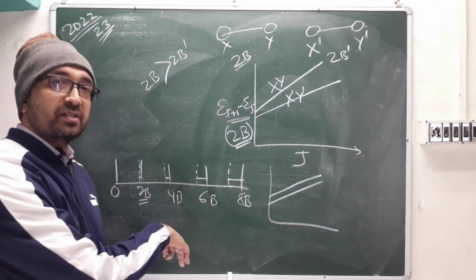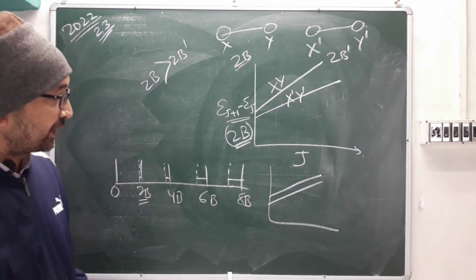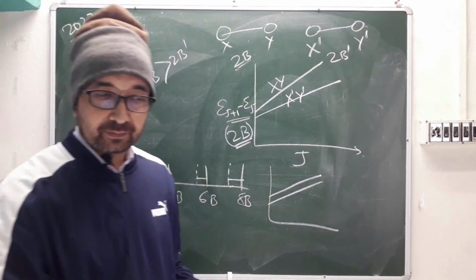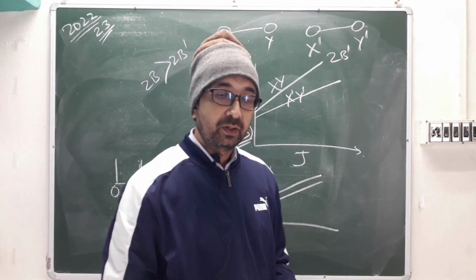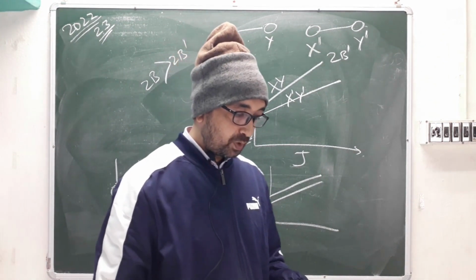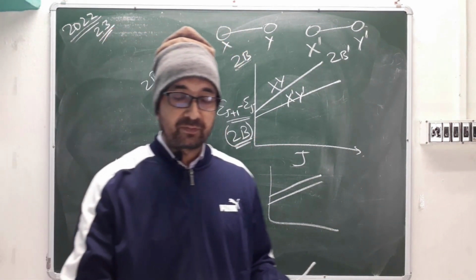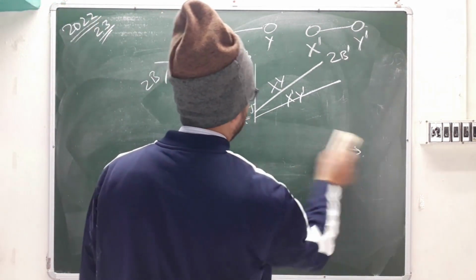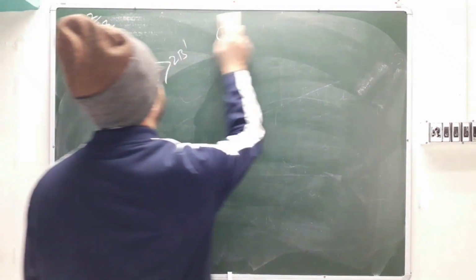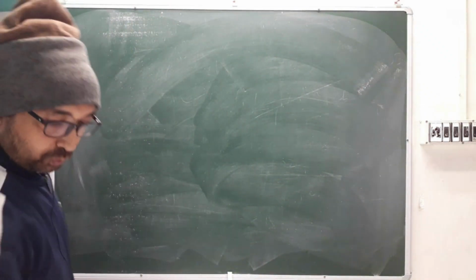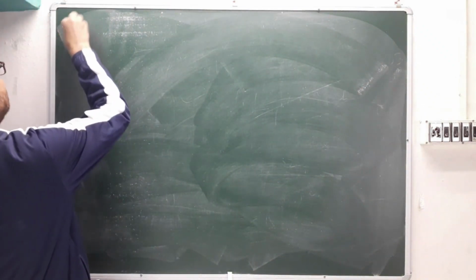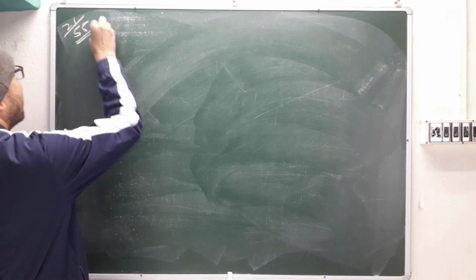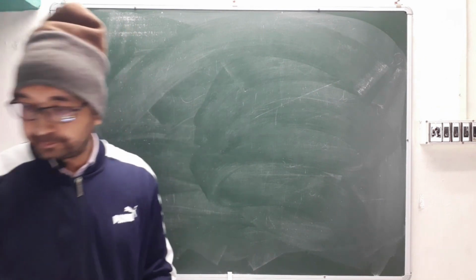This we have just now solved, right, in the previous slide. So the next question we'll see is from 2021, question number 55. Just we'll rub it. So 2021 question number 55, a numerical aptitude type question.